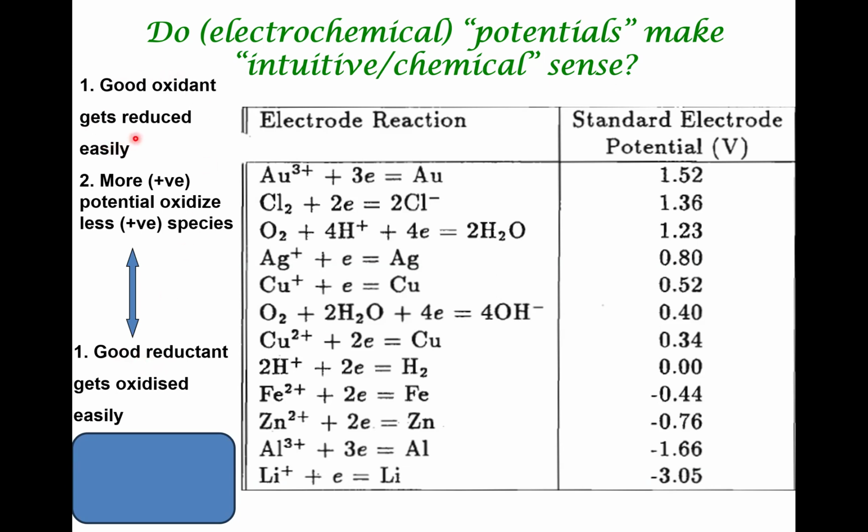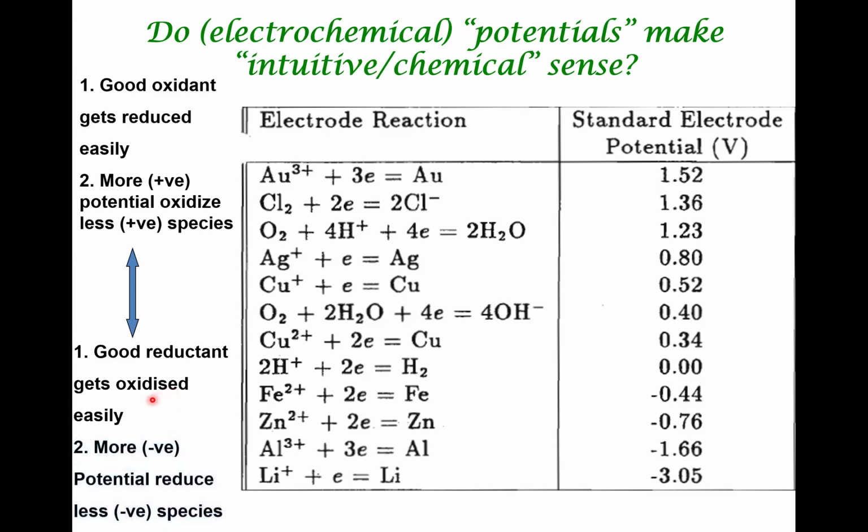Here we are thinking through oxidants. Here we are thinking through reductants. So how do we use standard reduction potentials to think through this? So a more negative reduction potential will reduce species with less negative reduction potentials, okay? So this is the simplest utility of standard reduction potential tables.